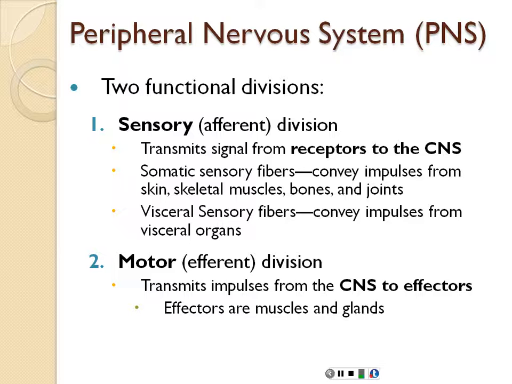Okay? So when we say visceral sensory, it's still sensory, which means the signal is going to start where? Receptors. Okay? So when we say visceral sensory division, these are going to transmit a signal from receptors that are on those organs of the ventral body cavity.